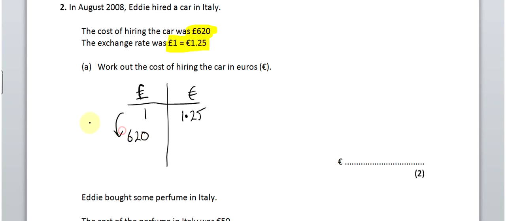So you can see very straightforward, that's times by 620. €1.25 times by 620 is 775. So that's our answer.